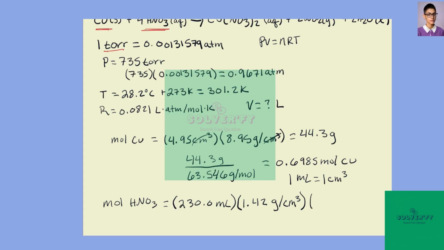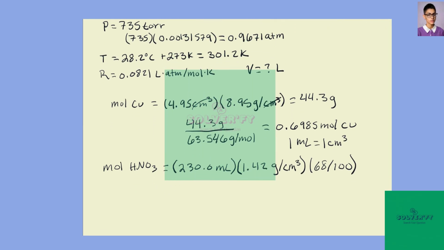And then they also tell us that it is 68% of its weight, so we are going to do 68 over 100, so that way we get the correct moles. Alright, so again, these two are going to cancel out, and we are going to get 3.525 moles of HNO3. So by looking at the moles of copper and HNO3, our copper is our limiting reagent. I'm going to just label that LR.